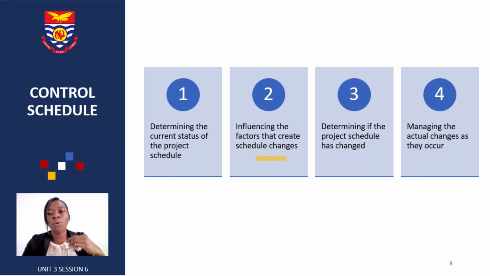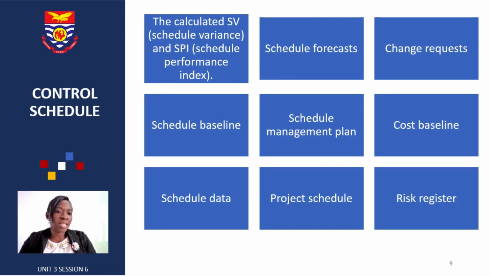So these are four main reasons why we need to do control schedule: to first determine the current status of the project schedule, to look out for factors that have caused changes, to look out for if the schedule has even changed, and then to manage such changes as and when they occur. These are very key as well.